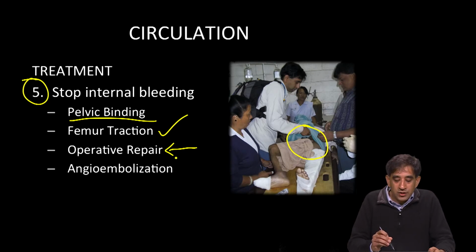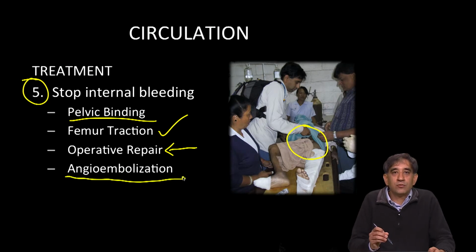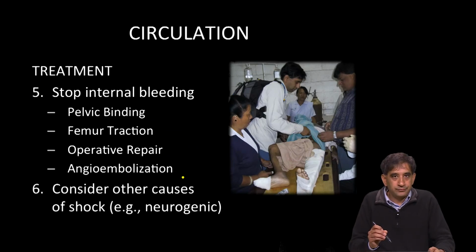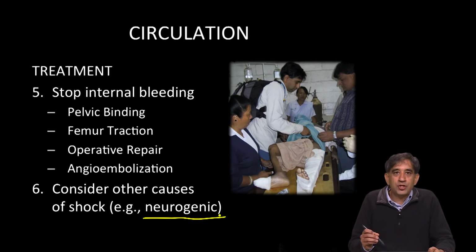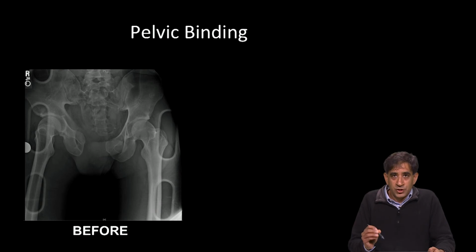And now we can use angioembolization to go to the interventional radiology suite and embolize bleeding blood vessels there. And then finally, we want to consider other causes of shock, such as neurogenic shock or sepsis in these patients with circulation difficulties.